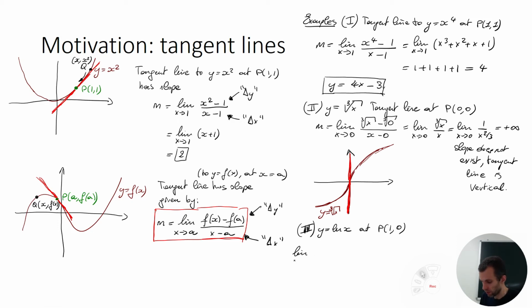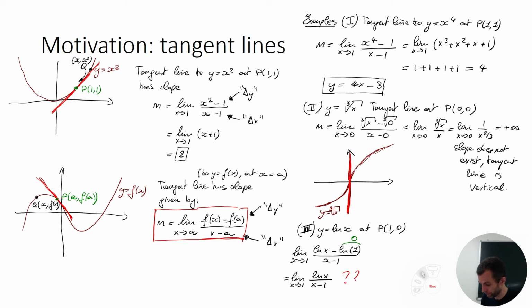So again, we have for the slope that it's the limit of x going to 1 of ln x minus ln of 1 divided by x minus 1. There's a very small simplification, of course. Ln of 1 is equal to 0. But in general, if you look at this limit, x going to 1 of ln x over x minus 1, this is not something that we can compute right now.